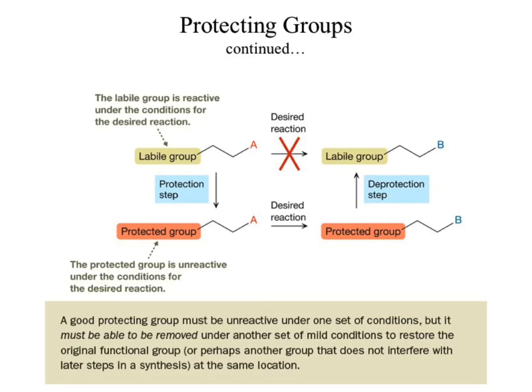So how could we change to prevent using a protecting group if this is what I have and this is what I have to do? Take it out. Figure out what to do with the waste in the end product. Change my whole reaction. Ultimately, what I started with was probably something that didn't have the labile group or A. Change how I designed my synthesis to make sure the labile group and A are never in the structure at the same time until the very end.